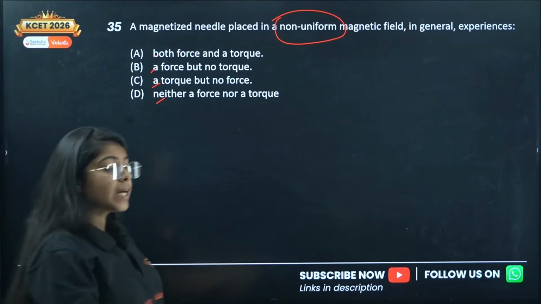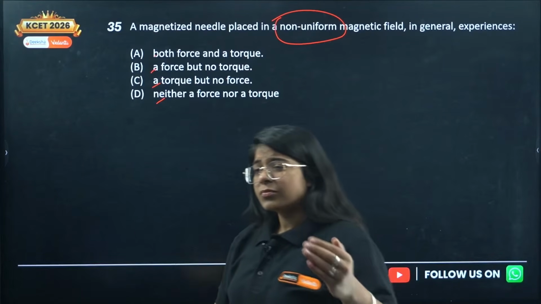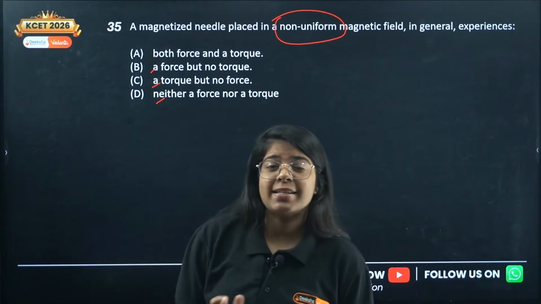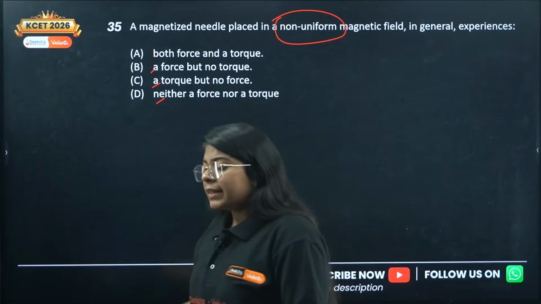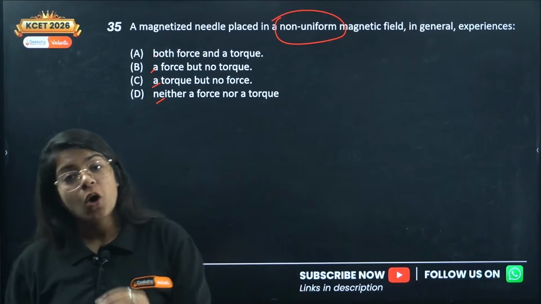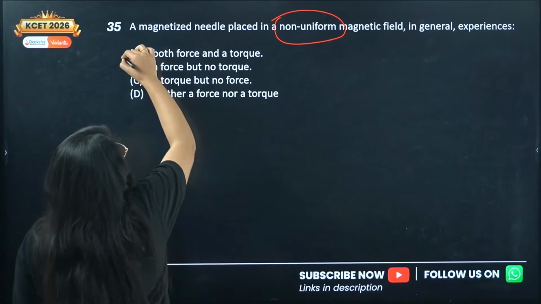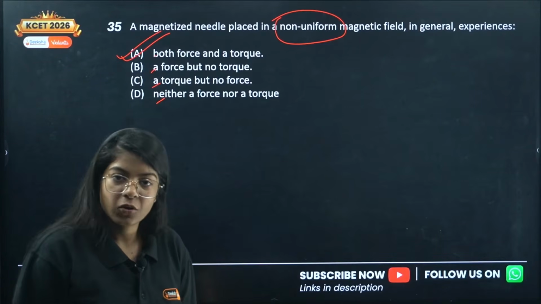Now, when it is a non-uniform magnetic field, there can be subparts, that the needle is placed in the direction of the magnetic field or opposite to it, and then we'll have different answers. But in general, when it's a non-uniform magnetic field, the needle will experience both force and torque. Okay, done.